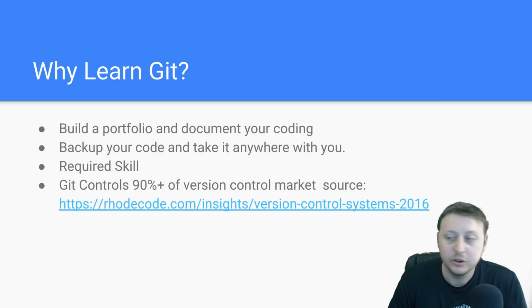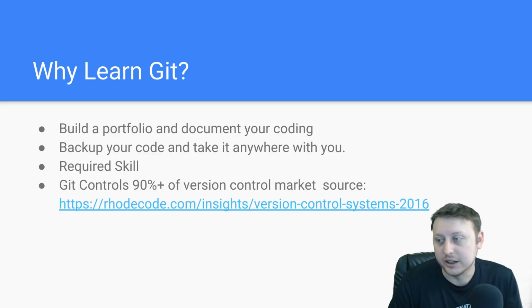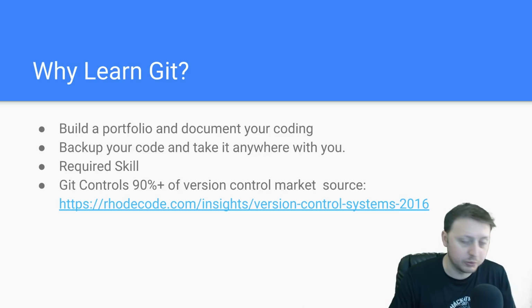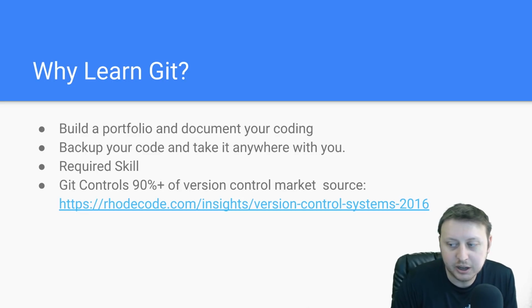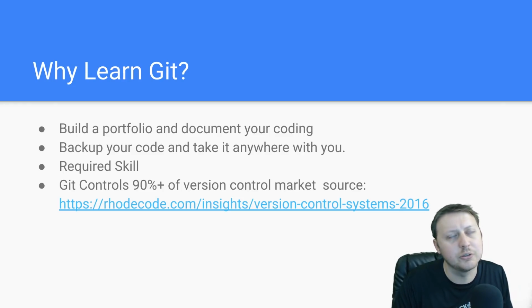Front end, back end, whatever sort of web developer role you have, you're going to need Git. That's just the state of the world. And you should. There's nothing wrong with it. It's not one of those skills where you wonder, is this worth my time? No, you need Git, and you need version control. And so you're saying, well, I understand version control, but do I actually need Git?